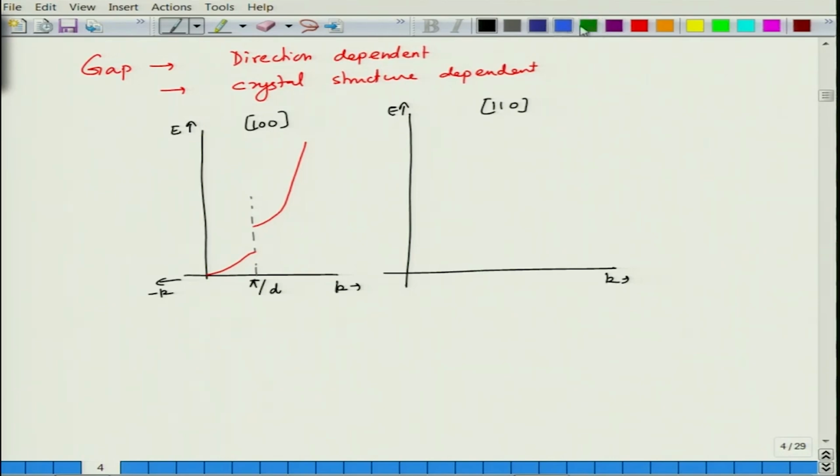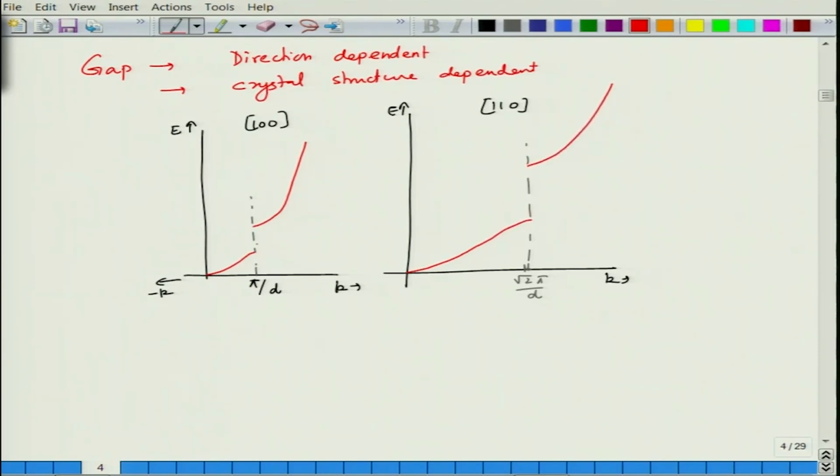So, the reciprocal lattice point for this is at a slightly higher k value, this is at root 2 pi by d, but in this case what happens is that the gap is something like, so let us say it is something like this.